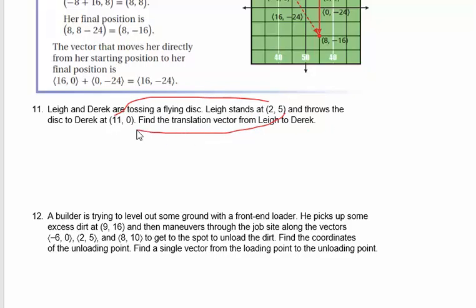And then what's the vertical component? To get from 2 to 11, you would add 9. To get from 5 to 0, you would subtract something, so that'll be a negative, and then you put these brackets around it. The less than and greater than signs work pretty well for that. They're a little sharp, but that's okay.